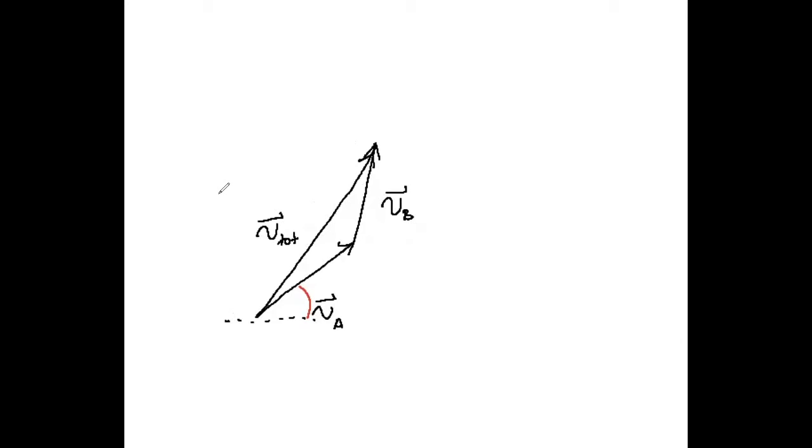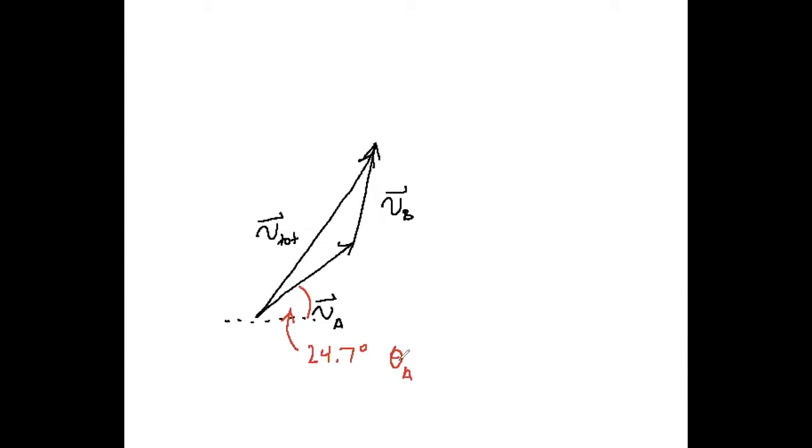And so what we have here for this angle, this angle here is 24.7 degrees. And we will call this angle theta A for now.